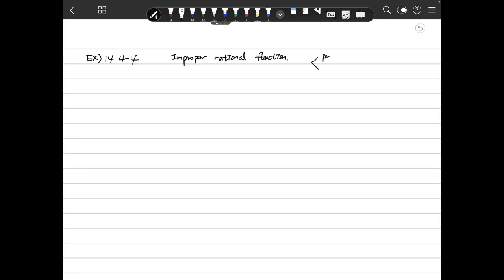Proper means the order of d is higher than the order of n, and improper is the reverse: the order of n is higher than the order of d. So that is improper.